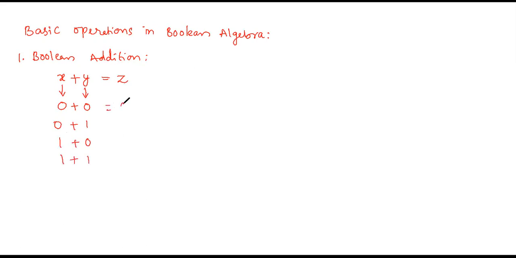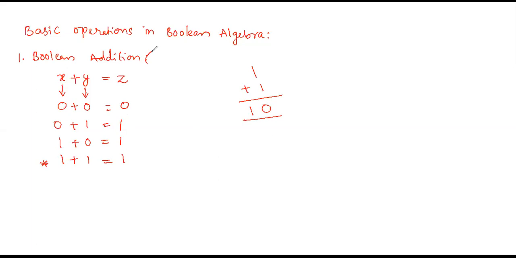Now 0 plus 0 is 0 only in Boolean addition. 0 plus 1, 1 only. 1 plus 0, 1 only. 1 plus 1 is 1 only. In our normal addition of the binary numbers, 1 plus 1 we used to get 1, 0. But in Boolean addition, you will get 1 plus 1 is equal to 1 only.